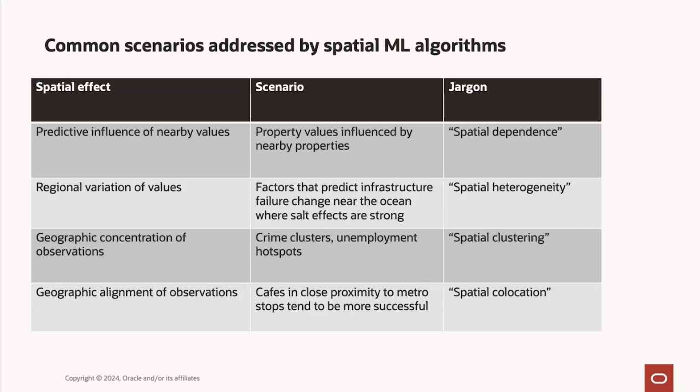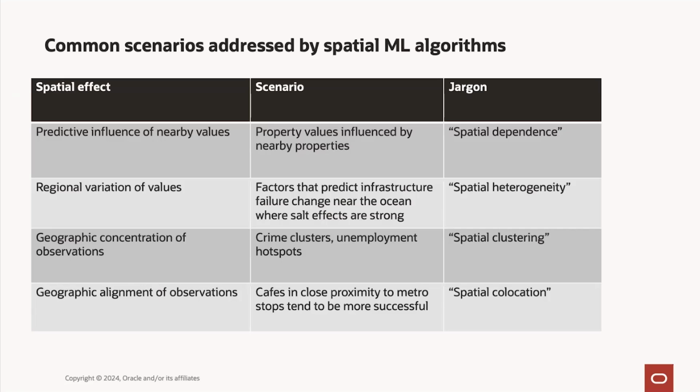So the first one would be where there's something that you're trying to predict, some variable, and I'll say property values as an example. You normally would be developing models to predict property value based on all kinds of what are referred to as features in the machine learning world, or attributes in the database world. So you'd be making predictions of property values based on the square footage, the number of bedrooms, bathrooms, is it an updated kitchen, how big's the backyard. But there's also a predictive influence associated.